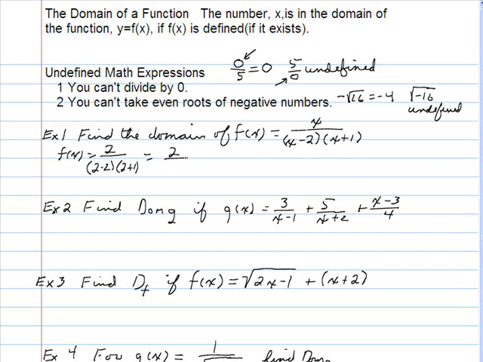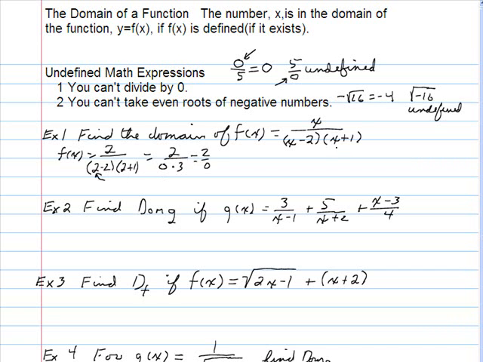This would be 2 over 0 times 3. Well, 0 times 3 is 0, so that would be 2 over 0, and I would be dividing by 0. So because of this factor in the denominator, you could not allow x to be 2 because it would cause you to divide by 0.